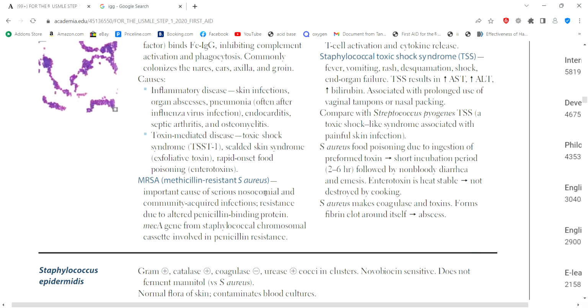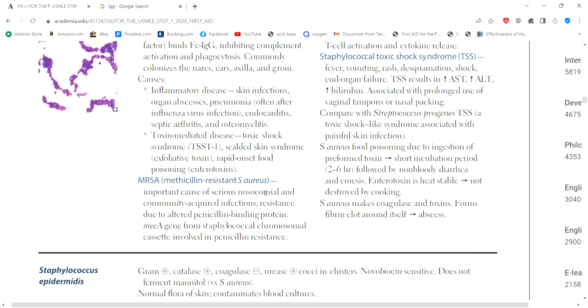By the way, methicillin-sensitive Staphylococcus aureus, you give nafcillin to treat. Methicillin-resistant Staph aureus, you give vancomycin.